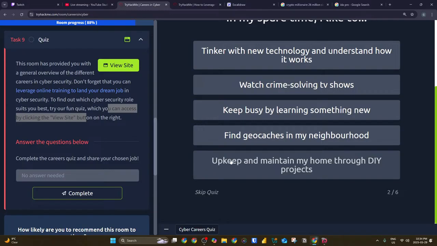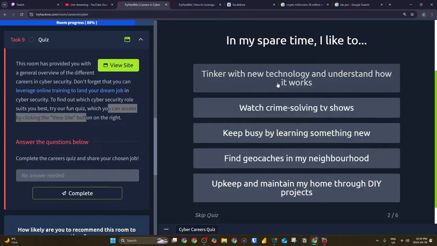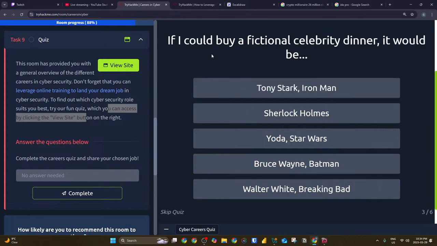I hardly maintain my room, and I hardly go out. Watching crime solving TV shows is pretty fun, and tinkering with new technologies and understanding how they work. I will go with the first one. I like it.